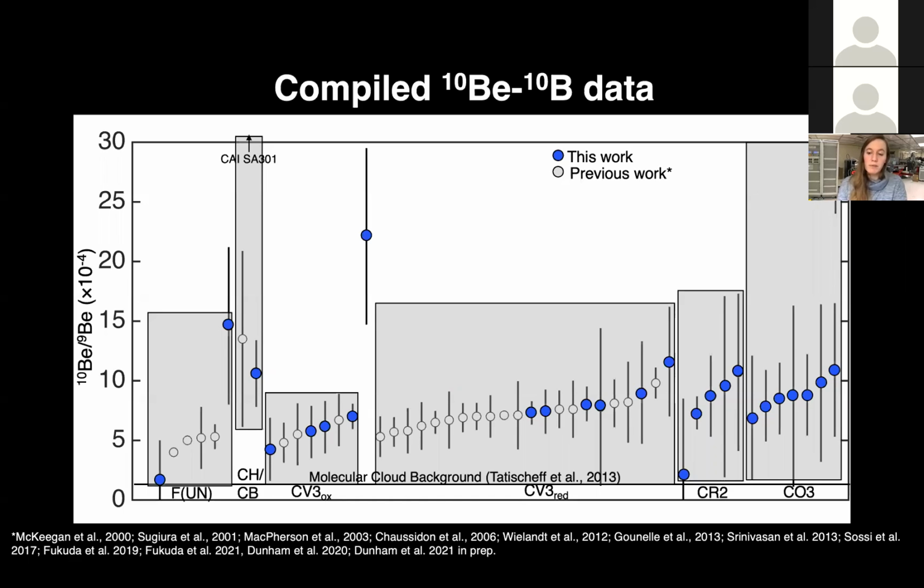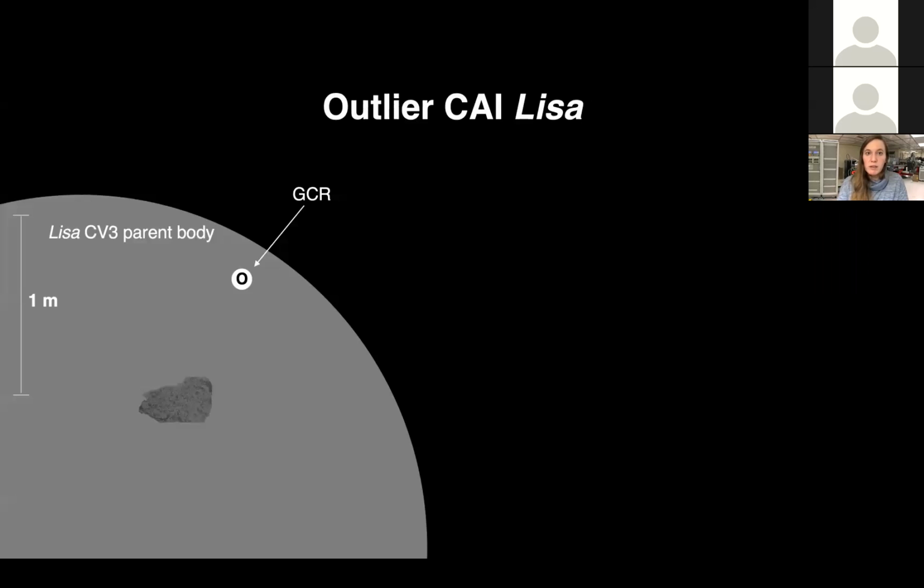So we'll definitely have to think about that later. But this one is CAI Lisa that I talked about a little bit before. And so we think that there may be a reason why it has this high 10 over 9 beryllium ratio, and I will attempt to explain it to you now.